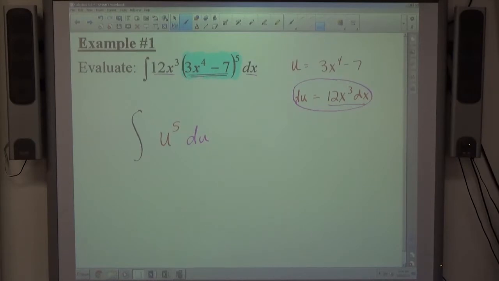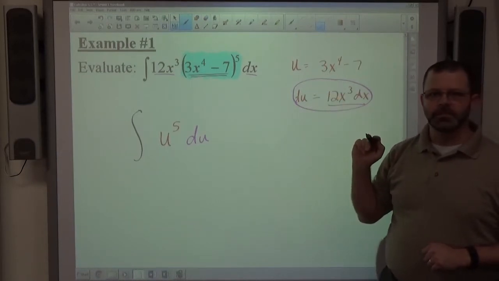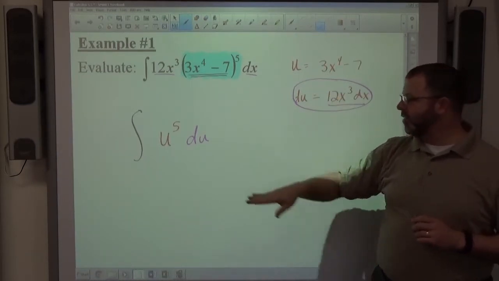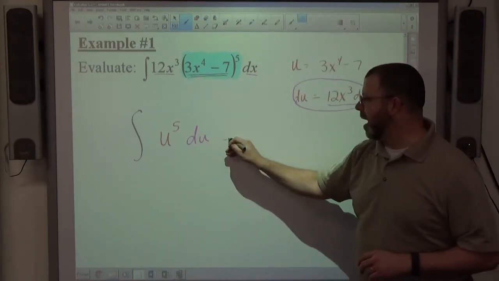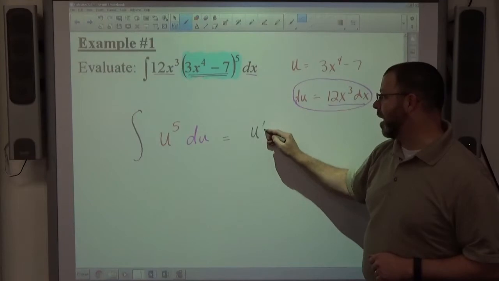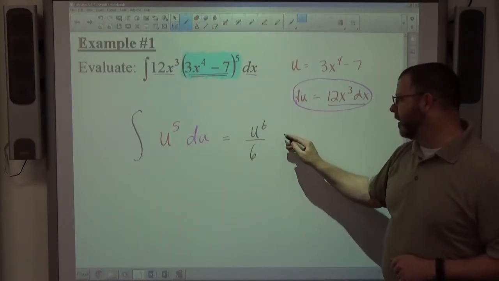That integral is the same problem as this, because we've identified what u and du are. So we do a u-substitution. And this integral is really easy to do. The antiderivative of u to the 5th power, du, is going to be u to the 6th power over 6. I'm going to put a plus c.